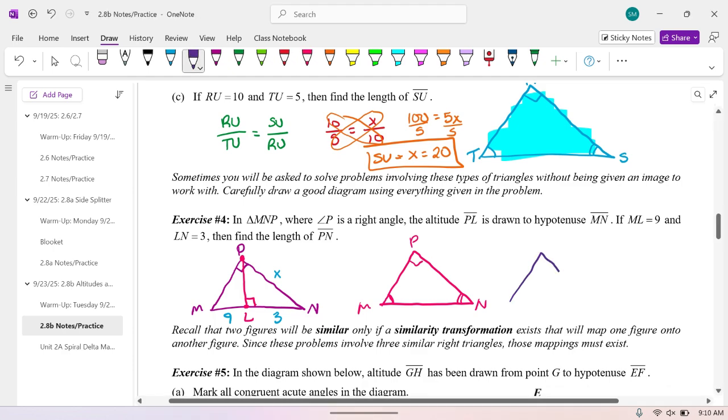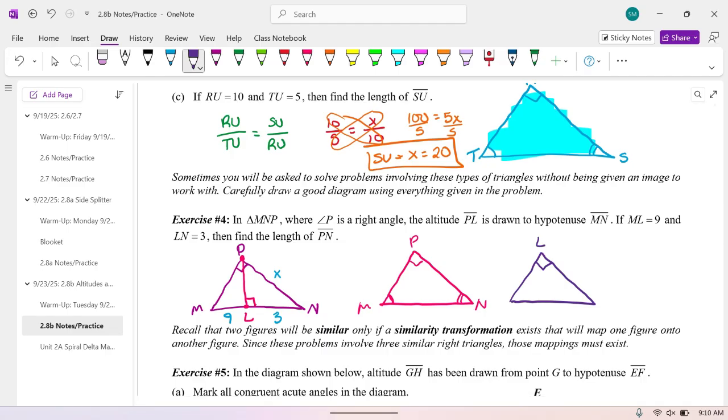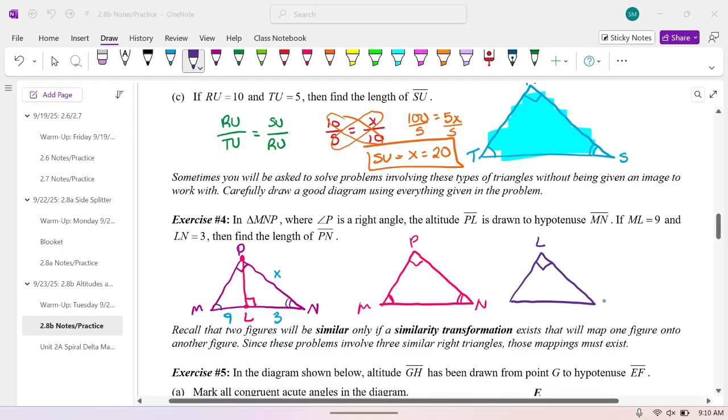I then have my triangle, the medium one. So L definitely has to be where the right angle is. If N has the 2 ticks, that means N would have to still be here. And then P would be the 1 tick.